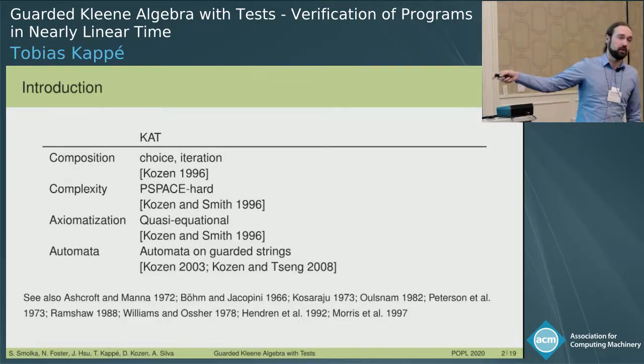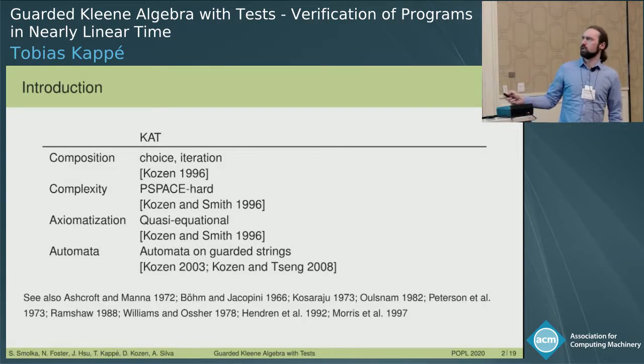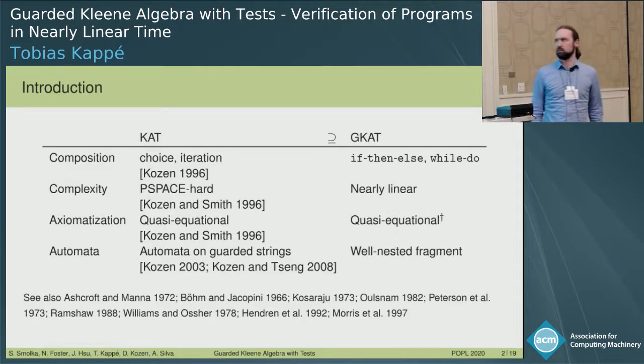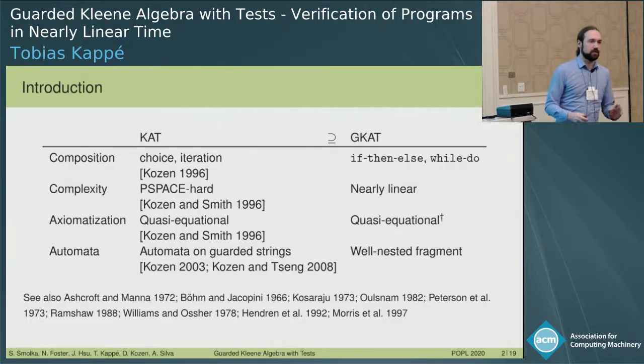And there's also a large body of work that goes into uninterpreted programs. These are just a few references. And what we've done is we looked at a fragment of these programs. It's not entirely obvious, but part of the programs that you can build with KAT are more traditional programs built with if, then, else, and while-do loops. And it turns out that deciding equivalence of programs like that is nearly linear. That is a technical term. And we have a quasi-equational axiomatization for equivalence of them with a little caveat that I'll get into.